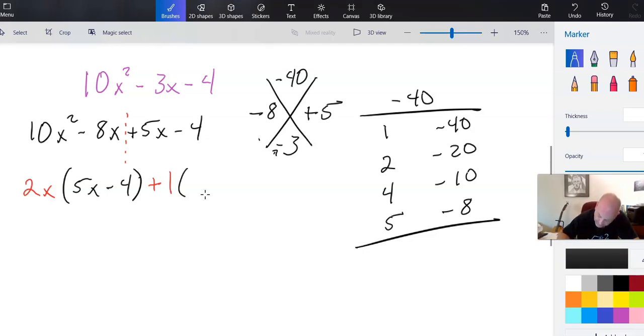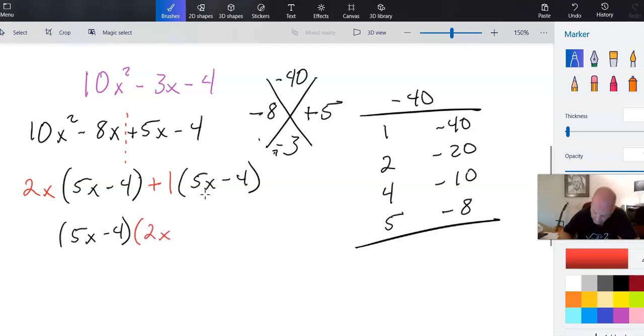So it's just 5x minus 4. Okay, so now I can see 5x minus 4 is my common factor. And I can see the other factor is 2x plus 1. Right? And so I have a complete factorization now.